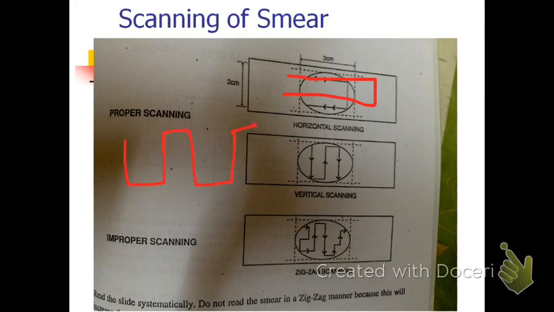Zigzag scanning is not the proper way of doing it. The reason why we do the proper scanning is so that there is an assurance that you won't miss out any field. Unlike zigzag scanning, where there's a chance that you might not examine one field in the smear.